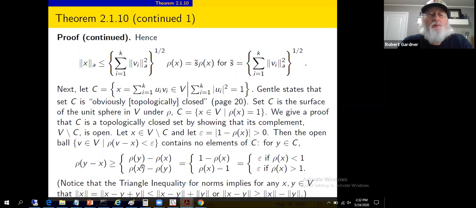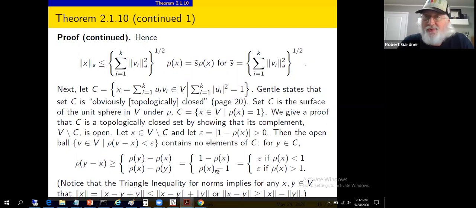Okay, what is rho of Y minus rho of X and the other way around? We chose Y to be some vector on C, and the vectors on C are those that have a basis norm of 1. So rho of Y is 1. We get 1 minus rho of X here, or rho of X minus 1 down here, and the distance is greater than or equal to both by the triangle inequality.